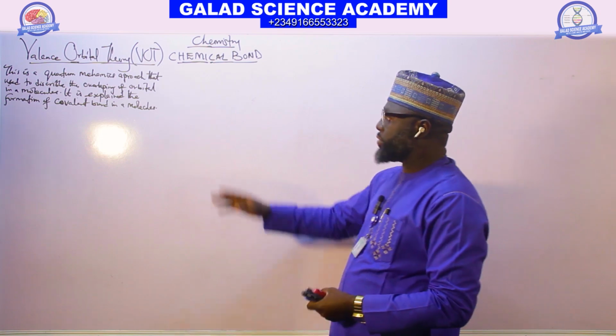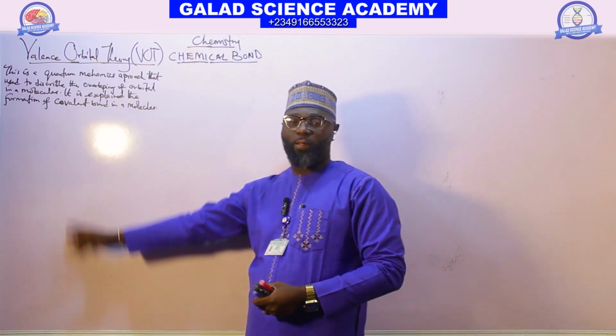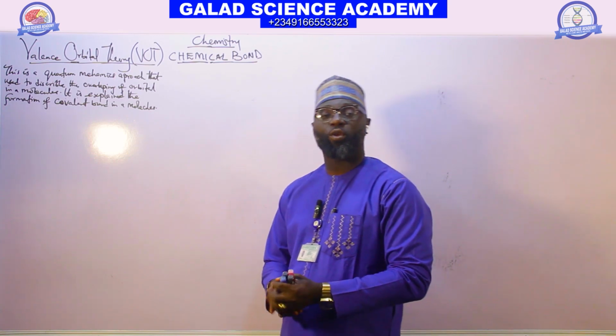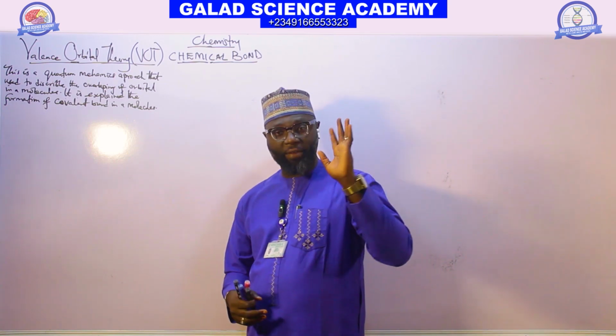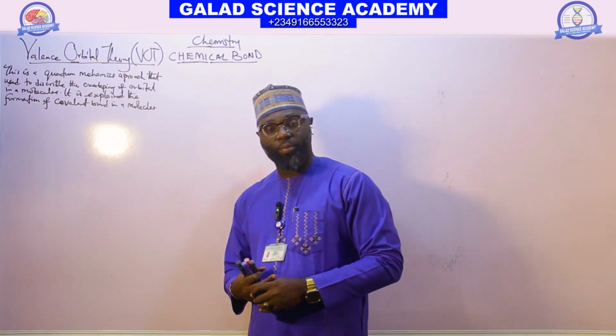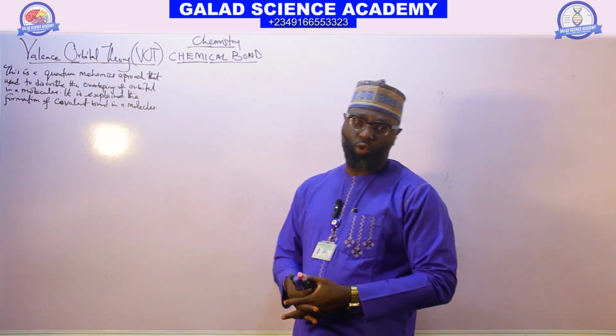And this valence orbital theory is just comprised of two rules. If you look at the first theory, I gave you 5 rules, so this one is comprised of 2 rules.